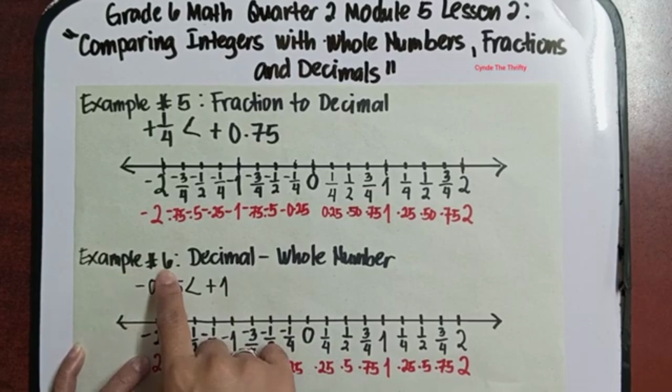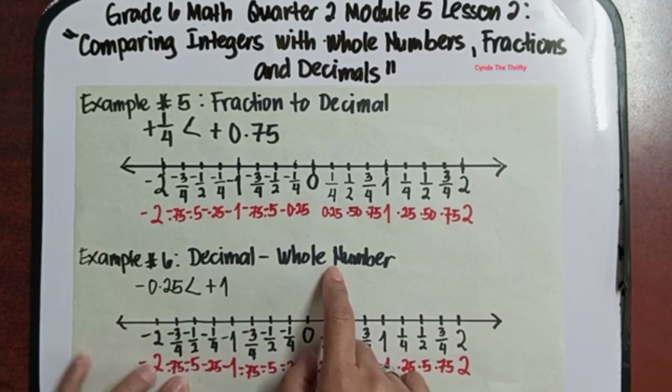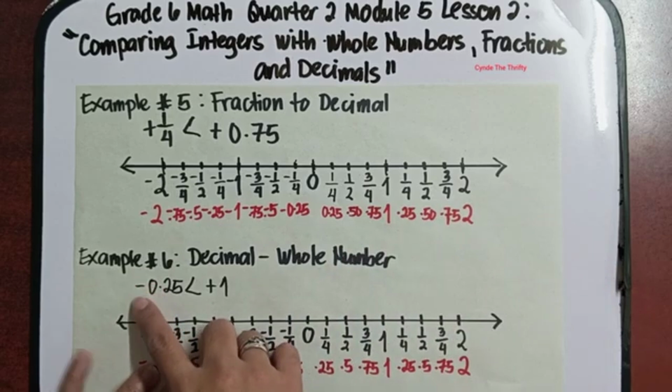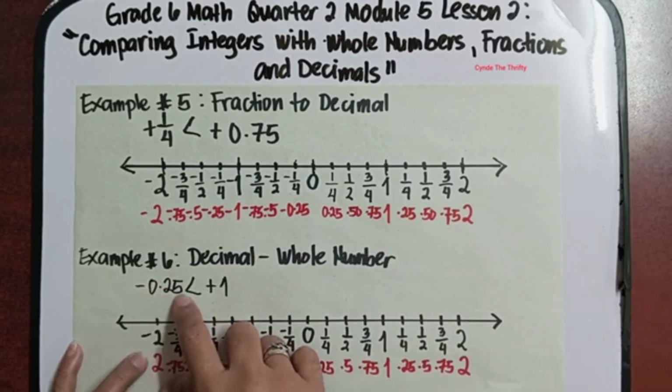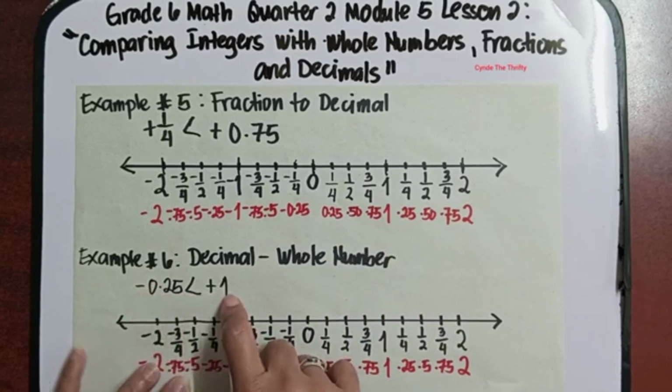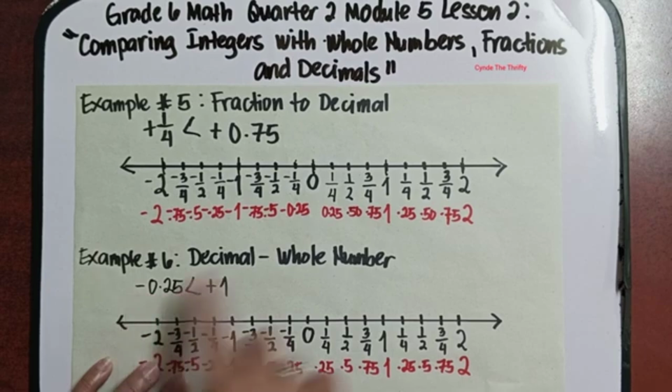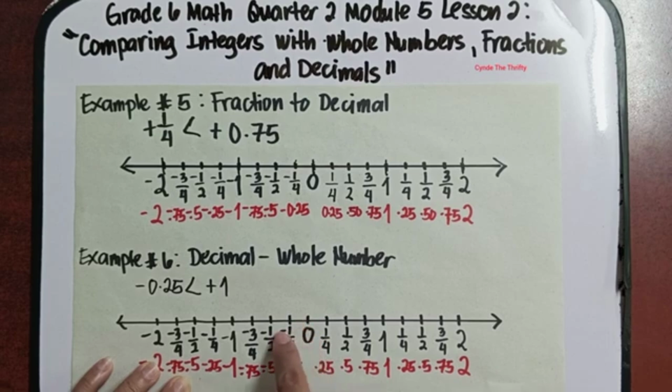Example number 6, decimal to whole number. So this time we will compare a decimal to a whole number. For example, negative 0.25 is less than positive 1. Okay, here is 0, the positive integers, and the negative integers. Where is negative 0.25? Here on the first line, next to 0. So negative 1/4 and negative 0.25.